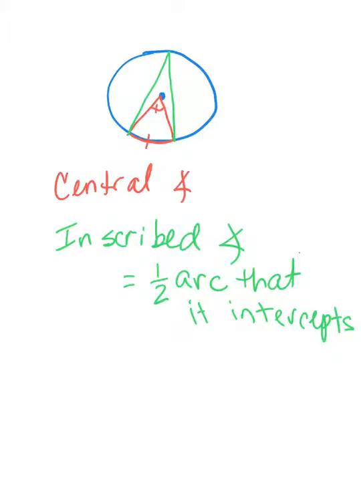This arc, how much does that measure? If the red angle is 40, what does the arc measure? 40. And what does the green angle measure? 20, 1/2 as much. So that's 20 degrees.